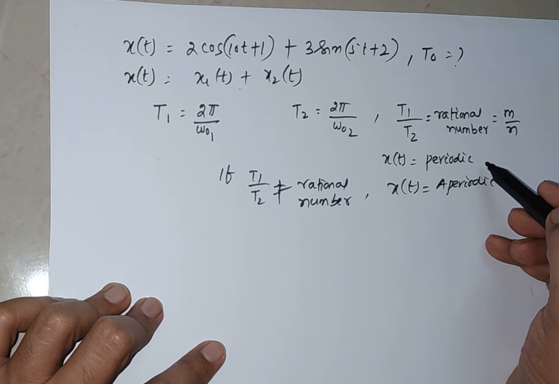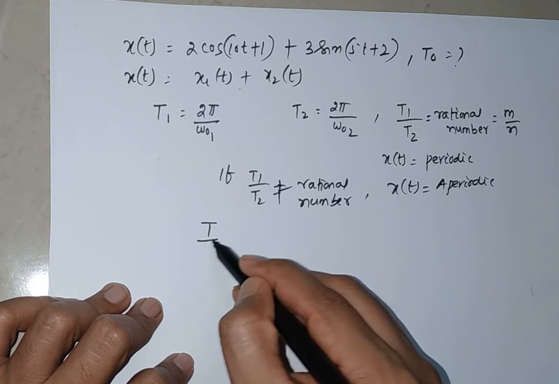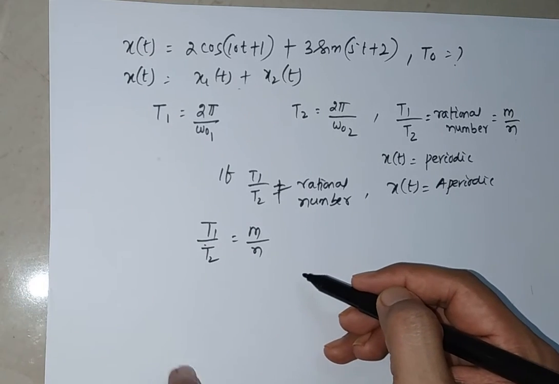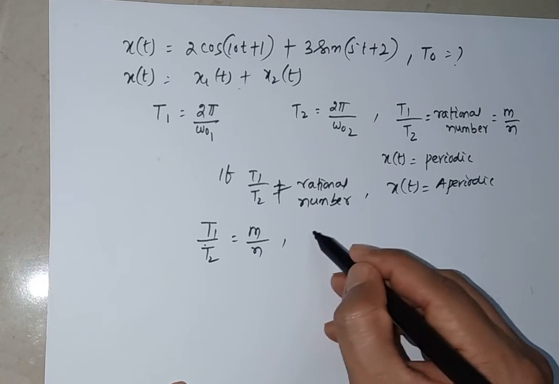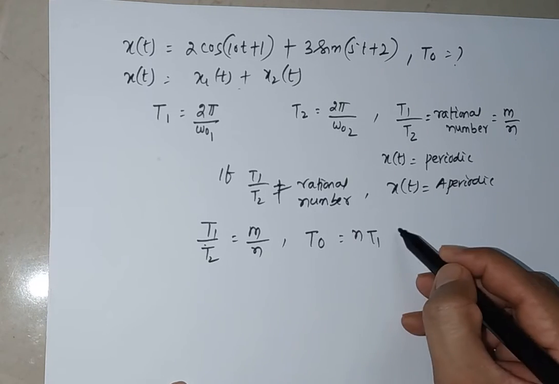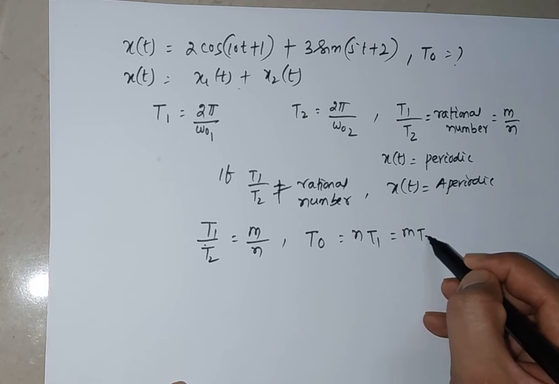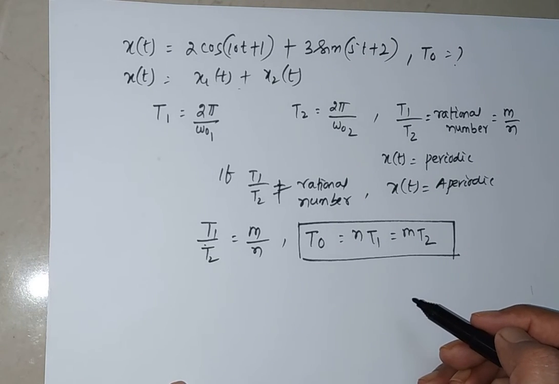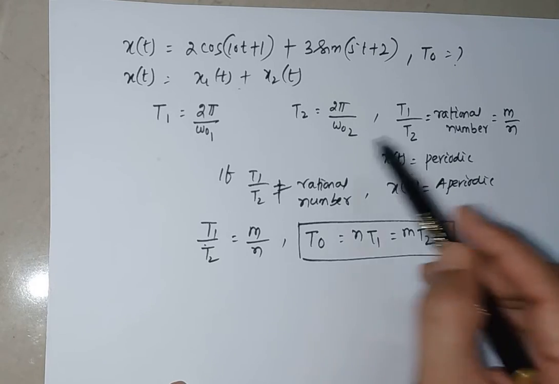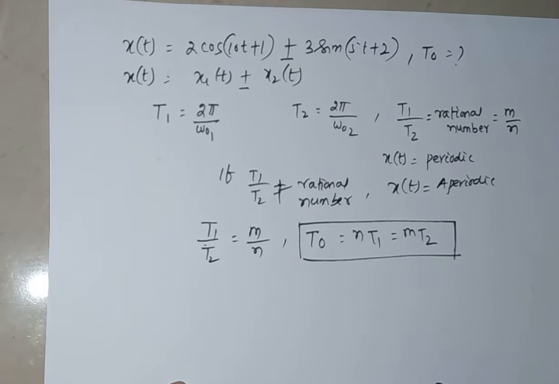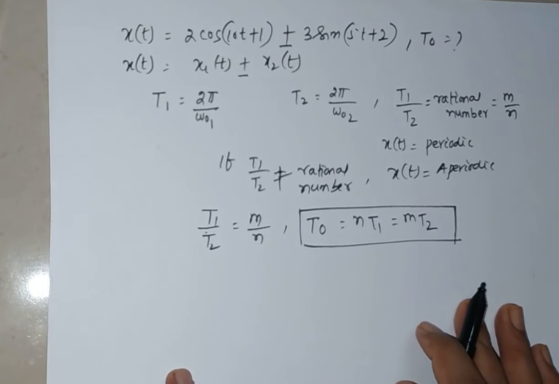But if x of t is periodic, meaning t1 by t2 is a rational number equal to m by n, then the fundamental period t0 equals n multiplied by t1, or equals m multiplied by t2. This is the theory of how to find the fundamental period of two signals, whether addition or subtraction, no problem. In case of multiplication it is different; we will discuss that.